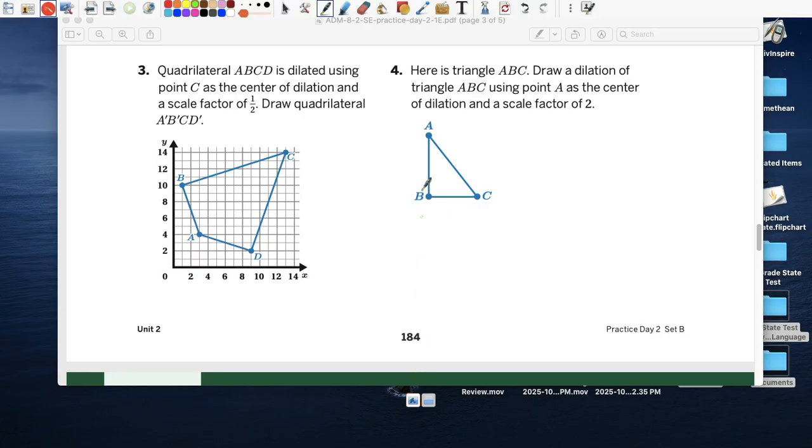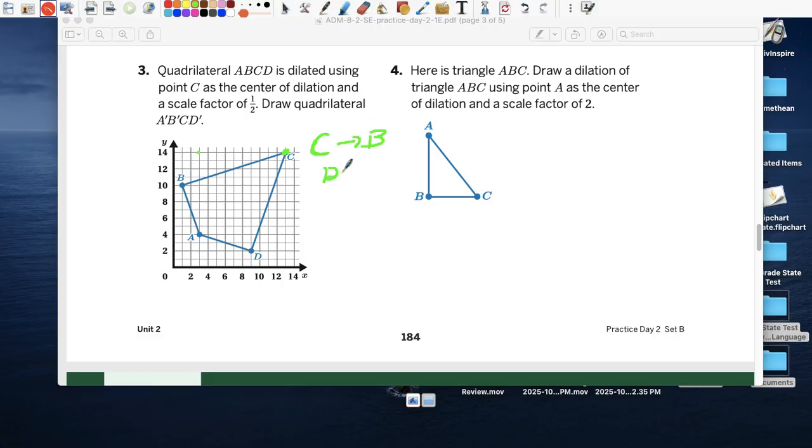Quadrilateral ABCD is dilated using point C. So everything is going to be from here. Half. The easiest way to do it, in this case, is to cut your horizontal and vertical distance in half. So from C to B, if I were to walk from C to B, I would go 1, 2, 3, 4, 5, 6, 7, 8, 9, 10, 11, 12.